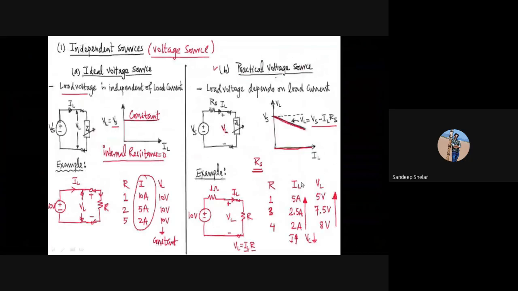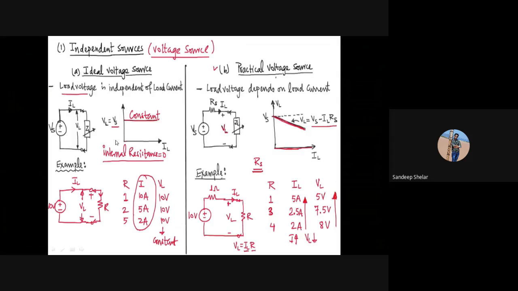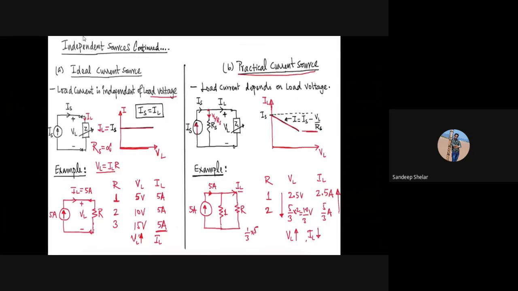Then classification of sources. Any questions regarding classification of sources, that is independent sources and dependent sources based on the current sources and voltage sources? Any questions regarding independent sources, that is ideal voltage source and practical voltage source? Then current source, ideal current source and practical current source.